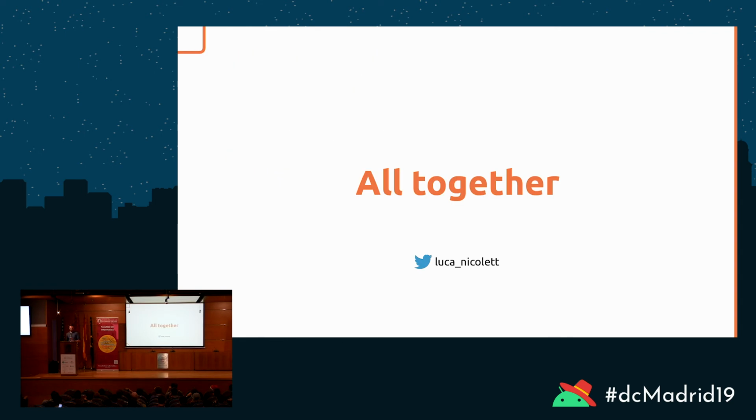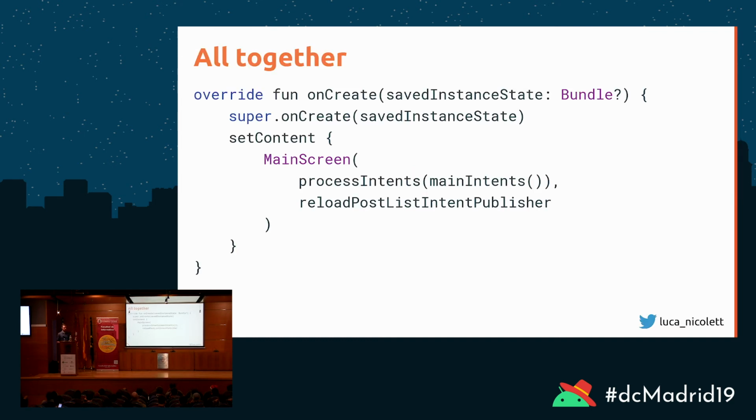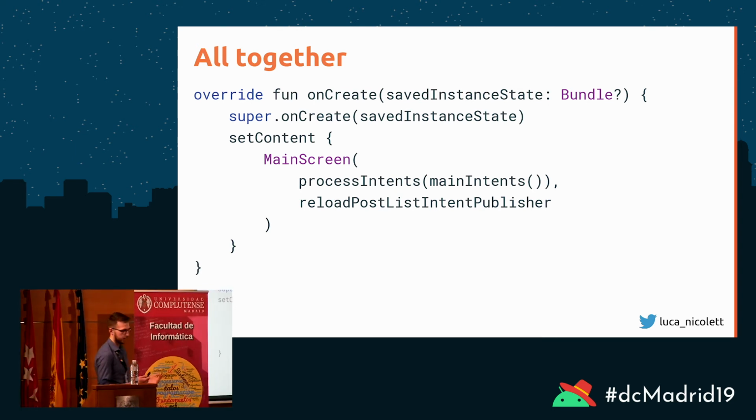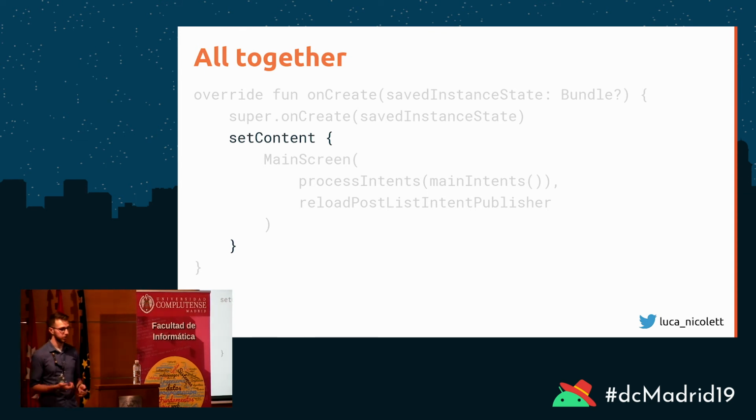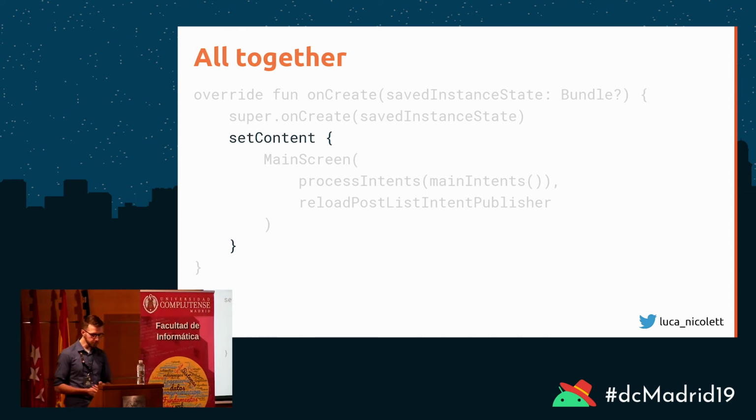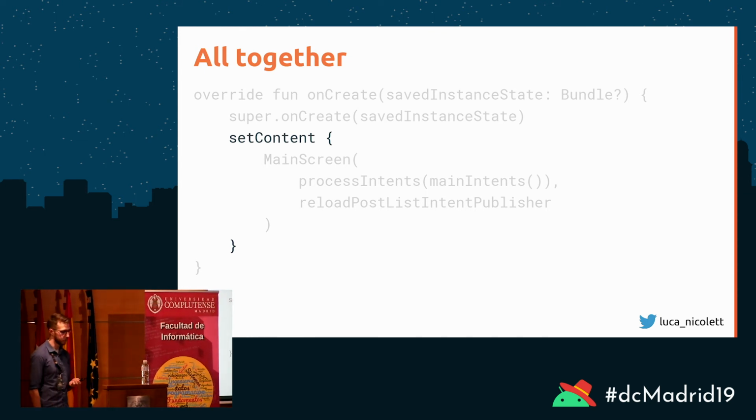Now let's see how we could use Jetpack Compose and MVI all together. Both of them, as I showed you, start from the onCreate of the activity. That's how we start. We call setContent in order to start a composition using Jetpack Compose and composable functions as views.